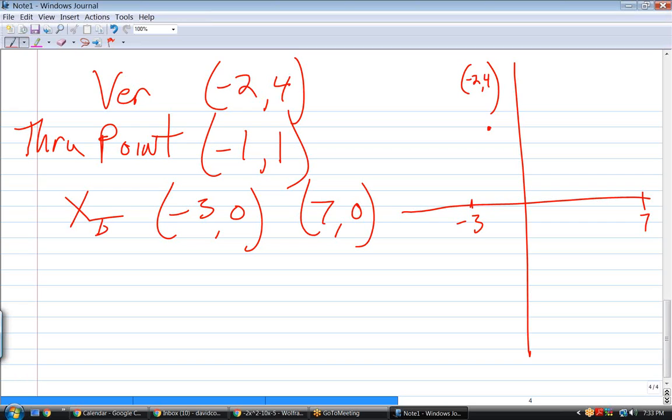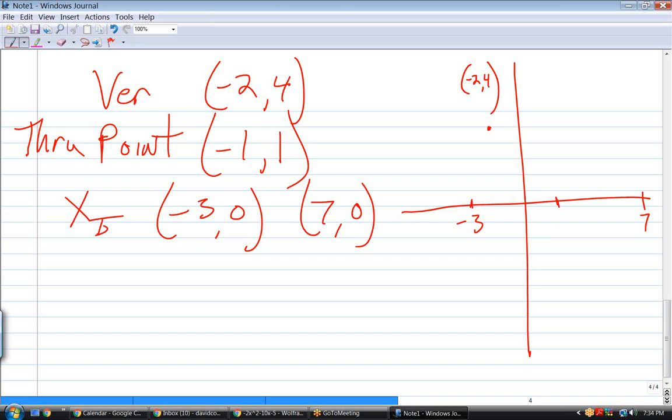Negative 3 comma 0 and 7 comma 0. Do you see why the vertex can't be there? In other words, the vertex has to be halfway between your two intercepts.